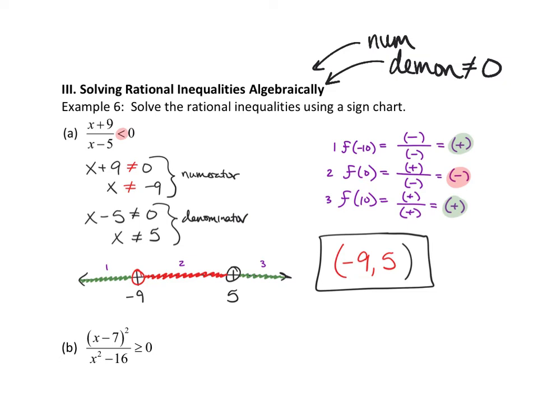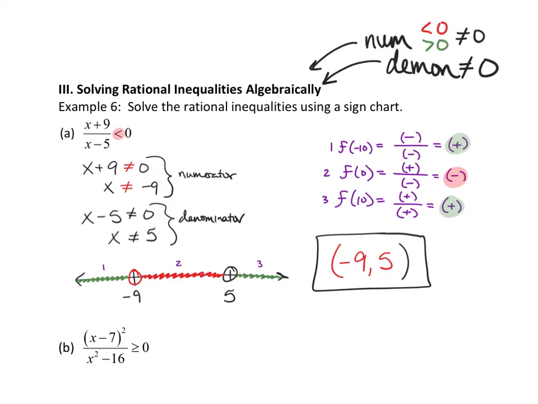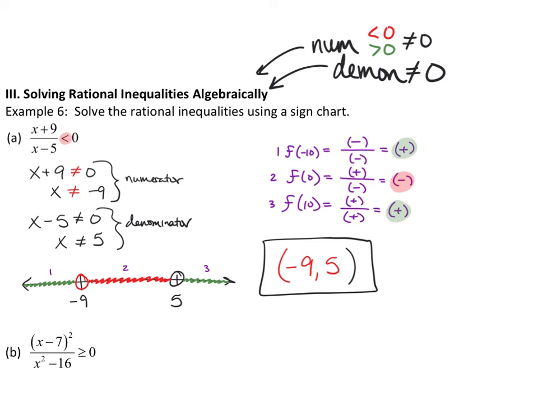So for the numerator, you're either going to have these two symbols, which means that you are looking for the numerator to be not equal to 0, or you will have any of the signs with the equal to part. That's when you're going to want to include equals to. That didn't explain that quite right, but let's say you have these two symbols. That's when you set the numerator not equal to 0.